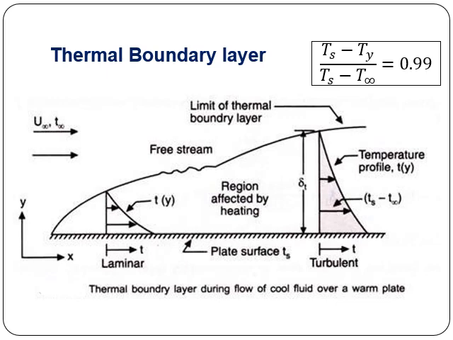The layer which is in contact with the surface will achieve a temperature almost equal to the surface, but as you move away from the surface, the temperature will drop, and at a particular location the temperature of the fluid will be almost equal to the free stream temperature, that is T infinity. So at different locations, if I measure the temperature difference, surface temperature minus the fluid temperature, I'll get a profile like this.